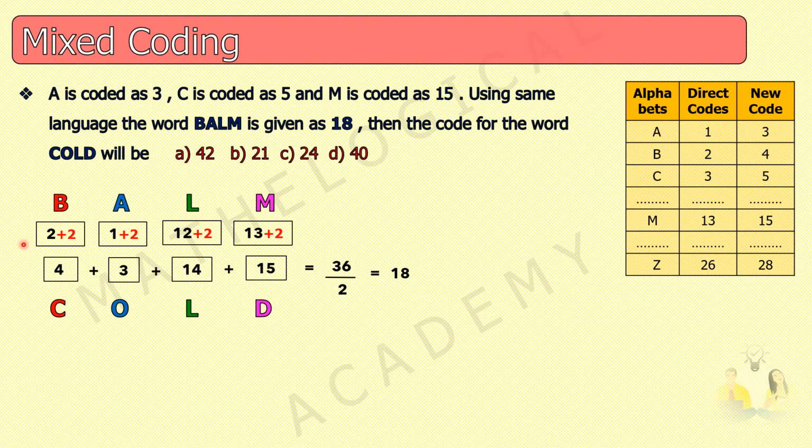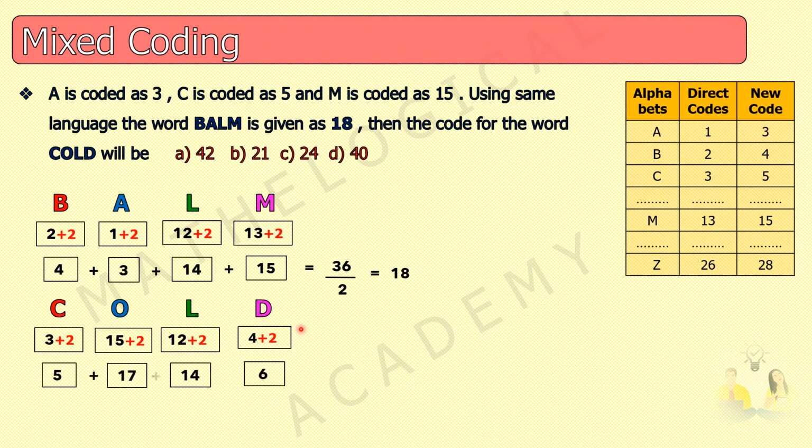It's a little tricky, but letter to number coding can sometimes be a little tricky. Again, same thing. Serial number of C is 3, serial number of O is 15, serial number of L is 12, serial number of D is 4. We have added 2 to each and every serial number. Finally, we are going to add the numbers and find half of it. Addition is 42. Half of 42 is 21. We get our answer, which is B.